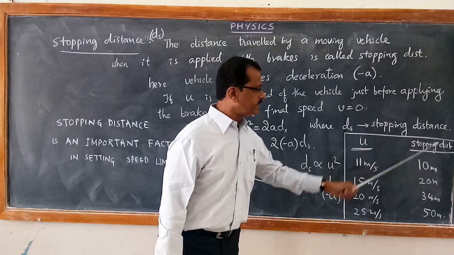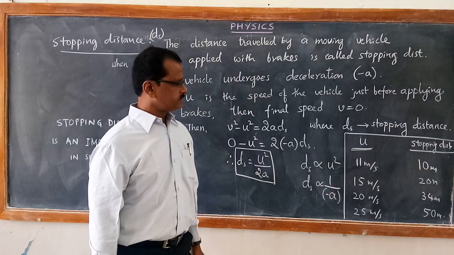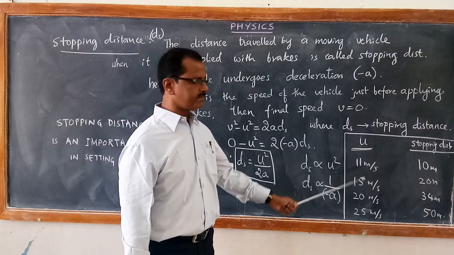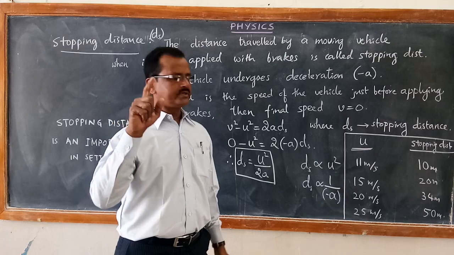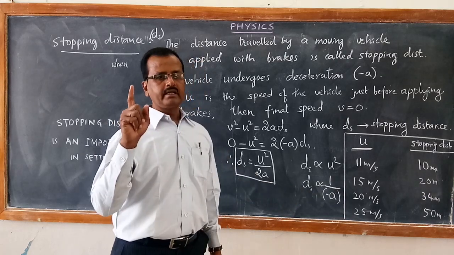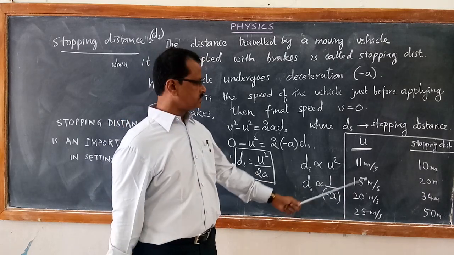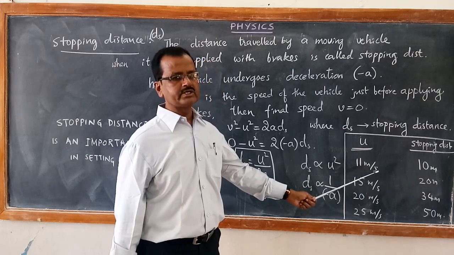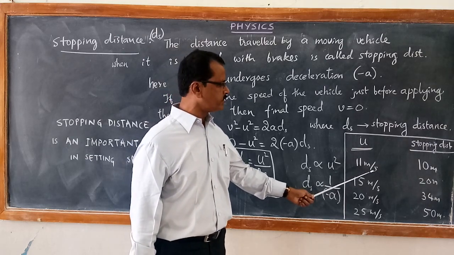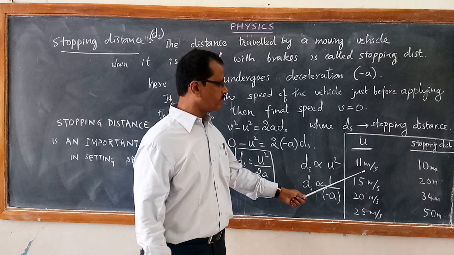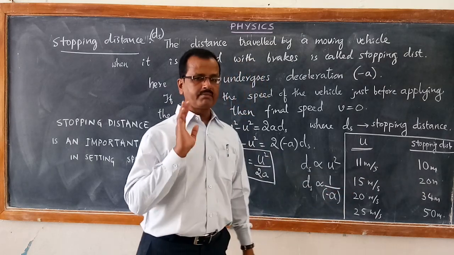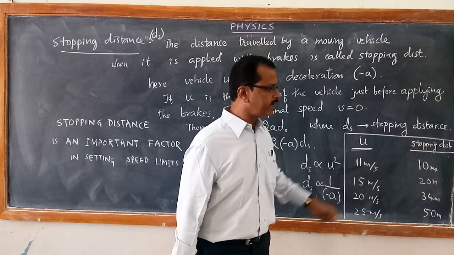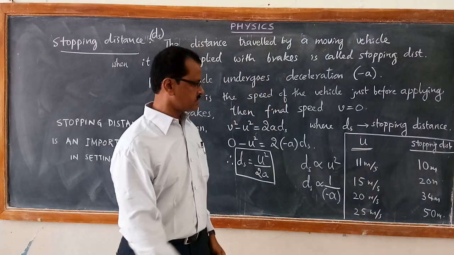Nearly 10 meter of distance is covered. Even if the vehicle is moving at 36, 37 or 40 km per hour, after applying brakes it will cover 10 meter of distance before it stops.